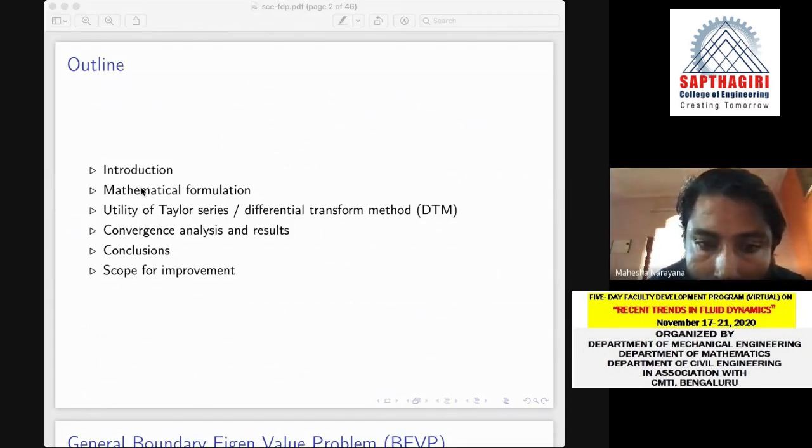Once we obtain the solution by the differential transform method, I would also highlight the accuracy and convergence analysis of the Taylor series, which will validate our results.